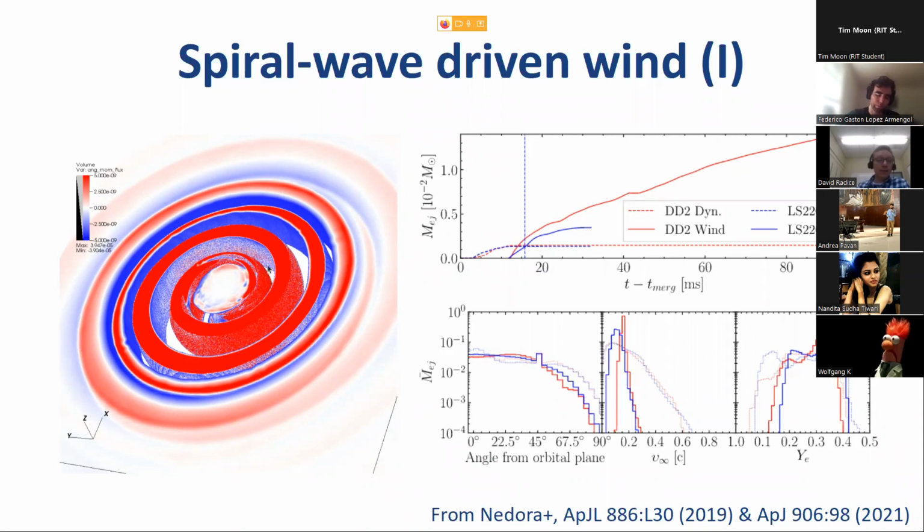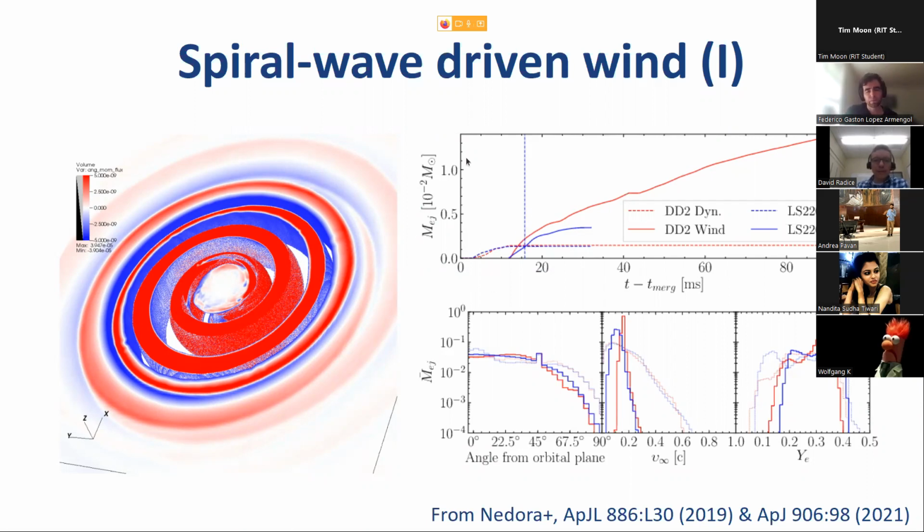This feature then launches waves in the accretion disk, and these waves turn out to transport angular momentum outward. So what you can see here is a volume rendering of the flux of angular momentum carried by these waves, and you can see that the color red means that these are carrying out angular momentum and unbinding material.